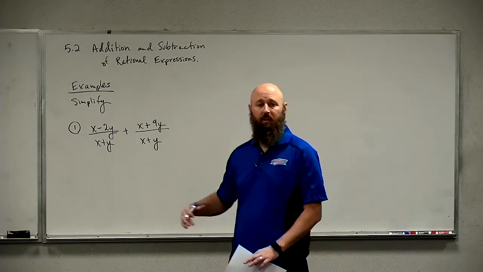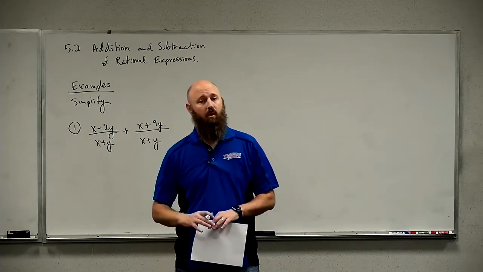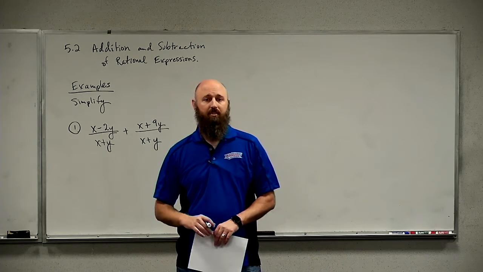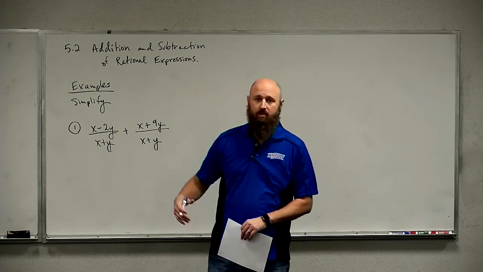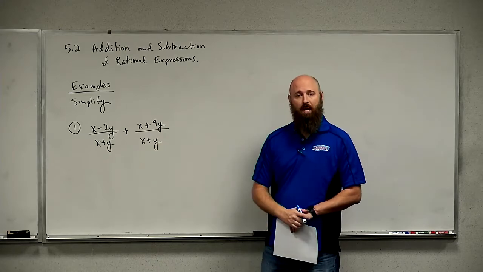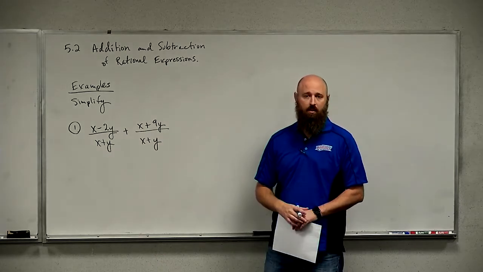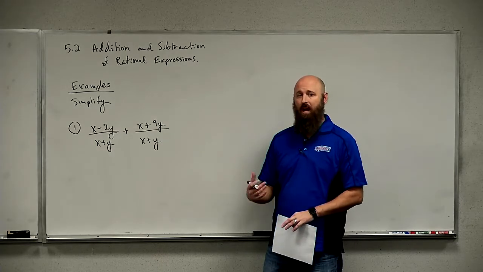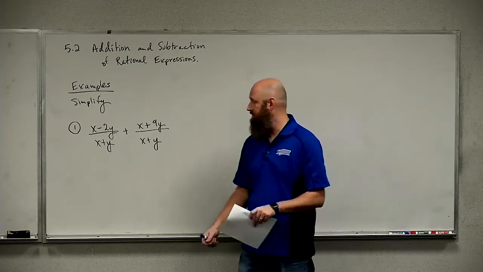So that's what we want here. Even when we have letters, we want a common denominator. So we look for that first. So here when I look at these, I have an x plus y and I have an x plus y. We have a common denominator. Well, that means I can add the tops and my denominator stays the same.